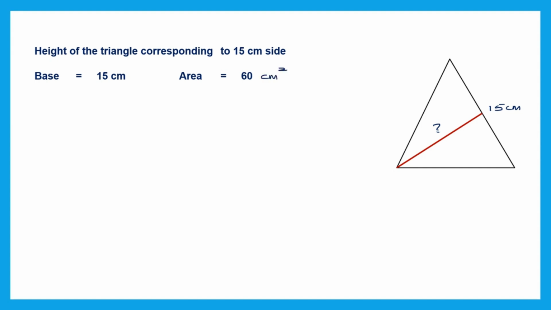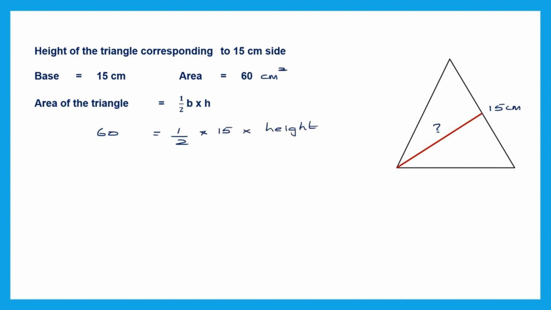So now we're going to use the formula, area of the triangle equals half base into height, and this is the height that we are going to find. This is unknown, but we know the area and the base. So area is equal to 60 and this is half into base, that is base is 15 centimeters into height. Height we don't know, so we are leaving it as the word height.